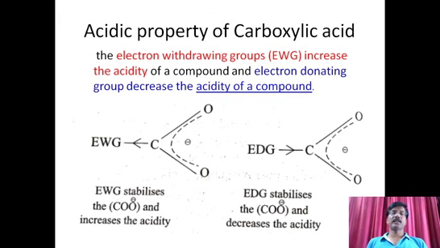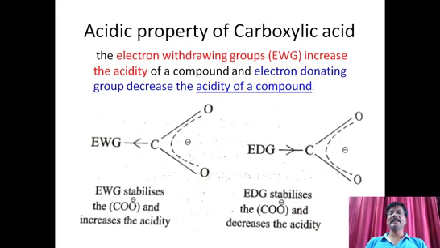Why does it lose proton? Once it loses proton, COO minus, the carboxylate ion, is formed, which is more stable. So whenever carboxylate ion is more stable, then it behaves as a strong acid because it can easily give proton to others.